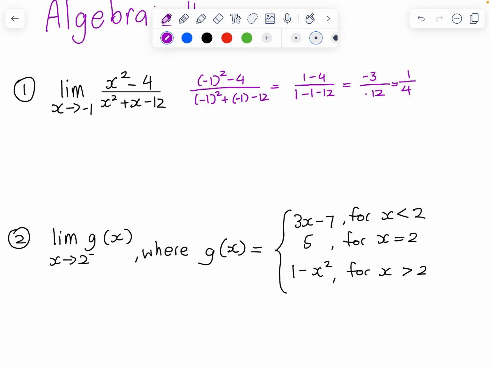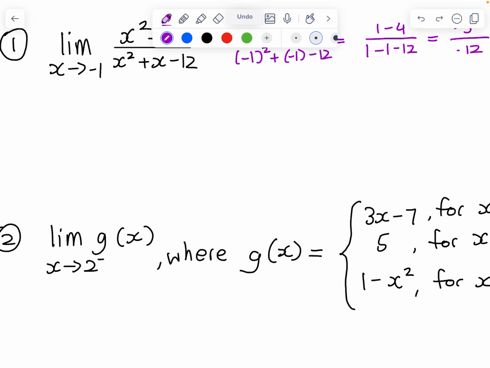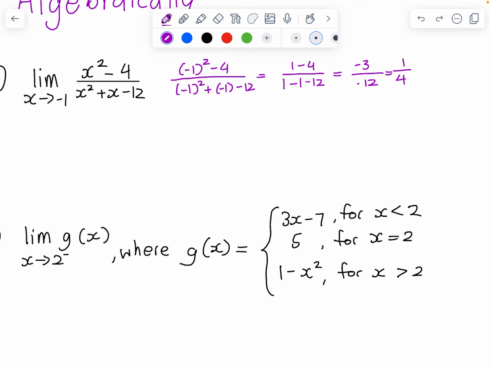Now, let's look at another piecewise function. Here, it says the limit as x approaches 2 from the left, because it has a negative sign. So this is a piecewise function, and we see that the x values here all have something at 2.